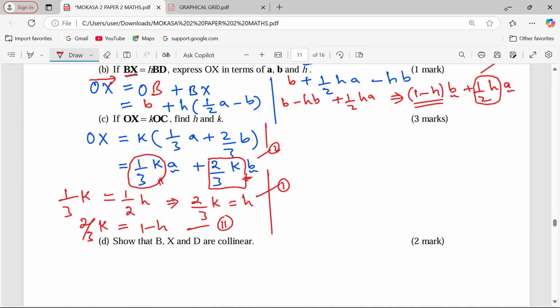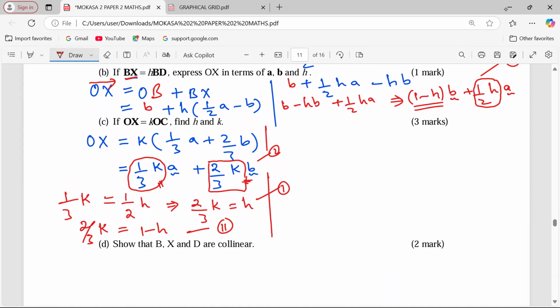Then we can solve Roman 1 and Roman 2 simultaneously, such that because H has been expressed in equation 1, equation 2 becomes 2 over 3 K equals 1 minus, instead of H, 2 over 3 K. Taken to the other side, 2 over 3 plus 2 over 3. You see that? That becomes 1 1/3, or simply 4 over 3.